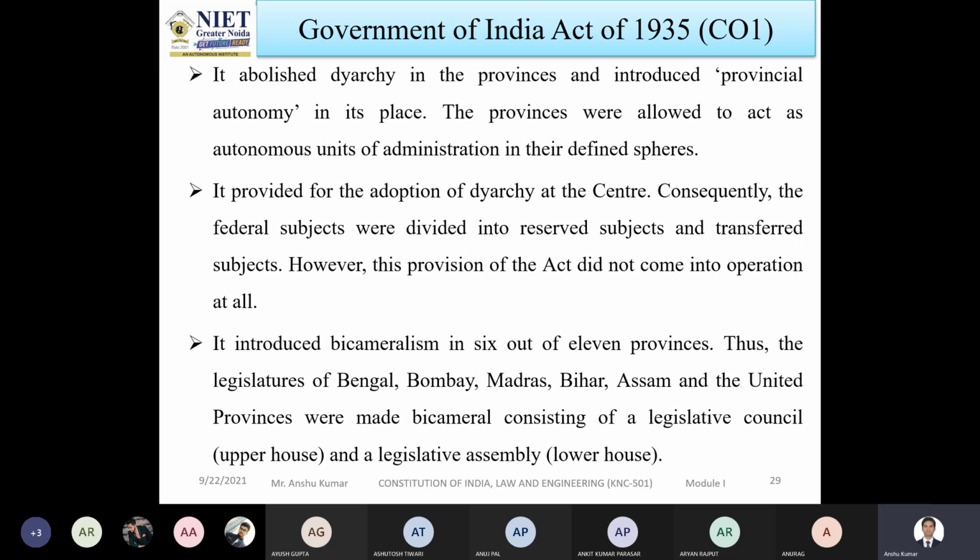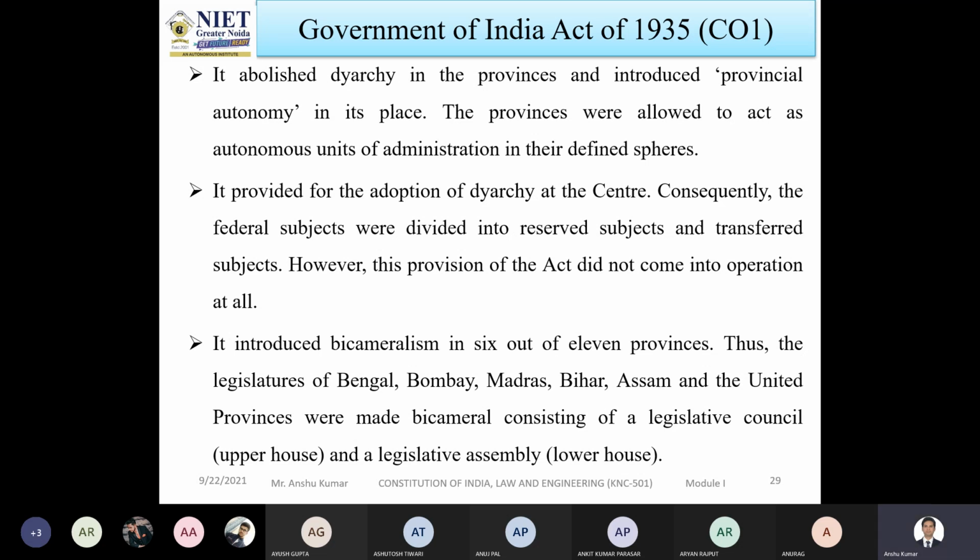It abolished the diarchy system in the provinces and introduced provincial autonomy in its place. The provinces were allotted to act as autonomous units of administration, so that they could work independently.